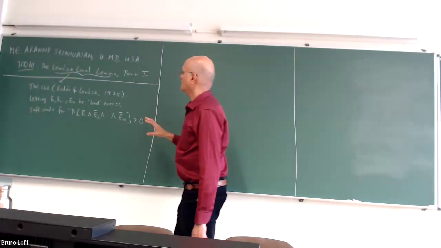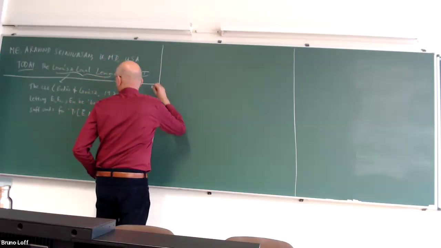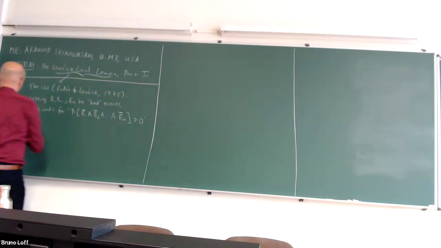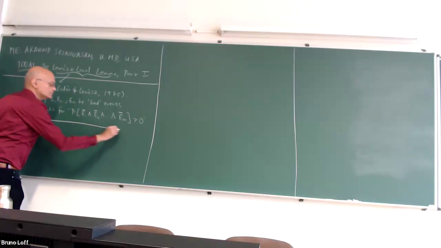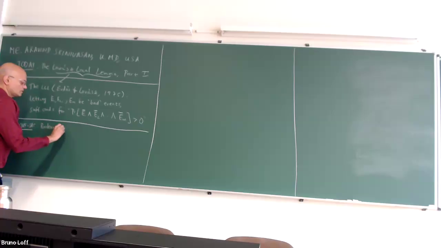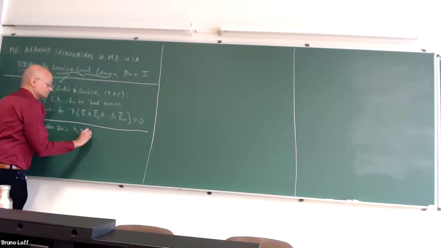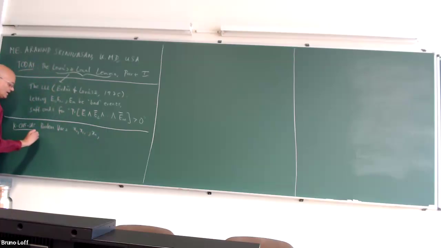Okay, so let's start with an example to illustrate this. Recall k-SAT, or k-CNF satisfiability. We have many Boolean variables, and clauses.